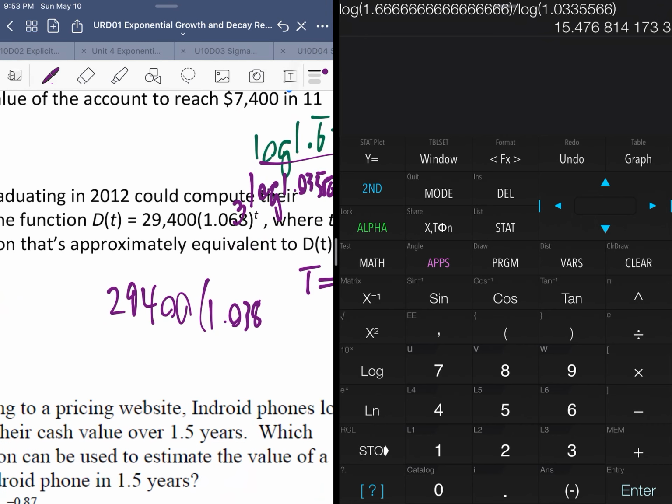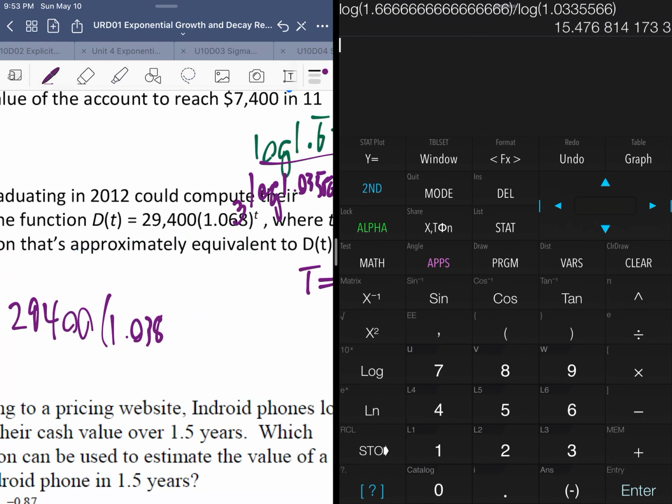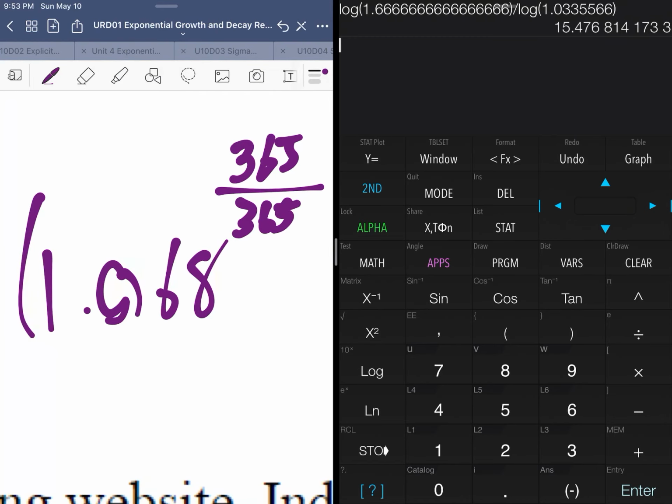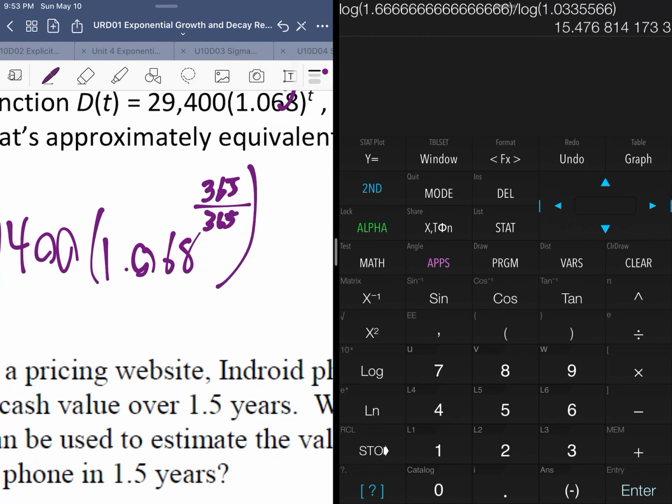1.068. And I'm going to move this over, get a little more room here. I wrote 38, so 0.68. I'm going to write this as 365 over 365 power.